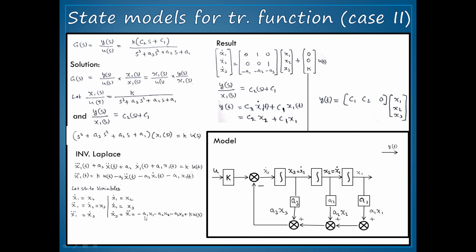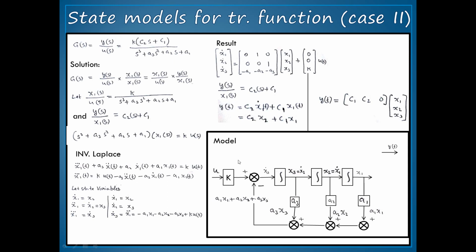You may see in this equation also a1 x1, a2 x2 and a3 x3. After summing all these three entities, we get at this point a1 x1 plus a2 x2 plus a3 x3, and after this summation with this negative sign, we get minus a1 x1 minus a2 x2 minus a3 x3, and this particular part ku is added with this positive sign, and the first equation is satisfied in this state model.